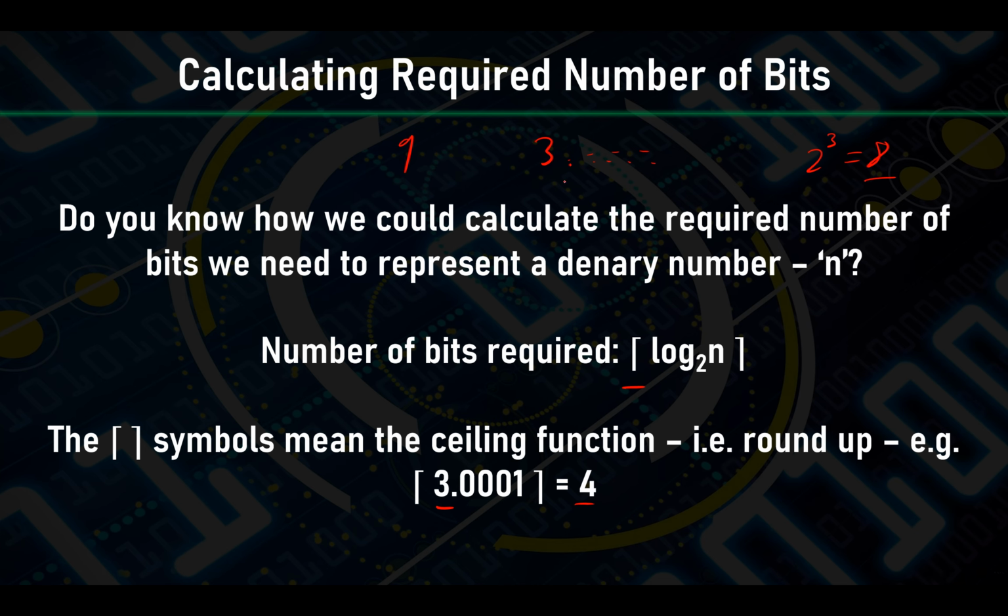But if we only have 3 bits, that's not going to be enough, because with 3 bits we go 4, 2, and 1, so we can only represent 7. That's why we need to round up and use 4 bits. And if we use 4 bits, we can represent up to 15, which is bigger than 9, so that's okay.